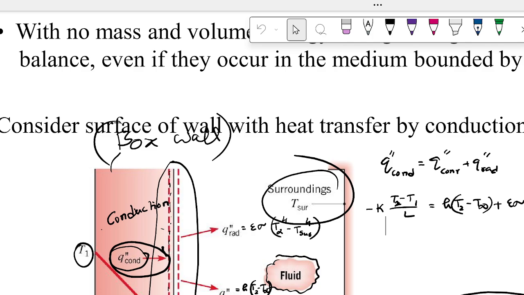On that surface itself, do you feel like there could be energy storage? No. On that surface, do you feel like energy generation can happen? No. I mean, if there is a chemical layer making some heat or whatever, but ideally, no. So that's your clue. Whenever you're dealing with this surface, energy in equals energy out.